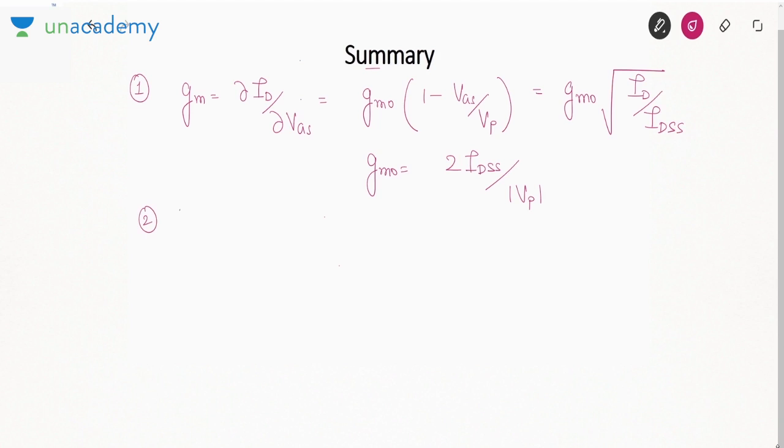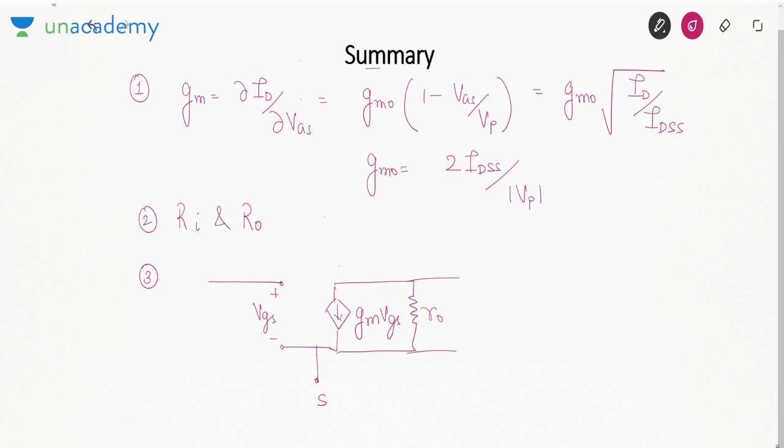We saw the concept of input and output resistance of a JFET. Then we studied the small signal model, in which I told that the gate source terminal is open circuited at VGS. Then there is a current source gm VGS, in which a parallel resistance R0 is connected.